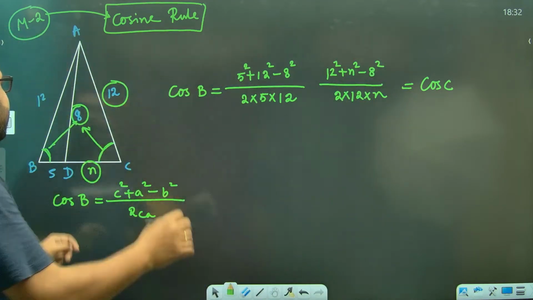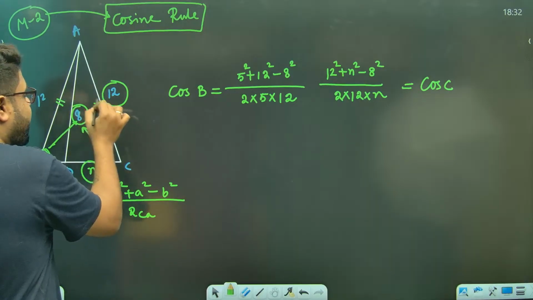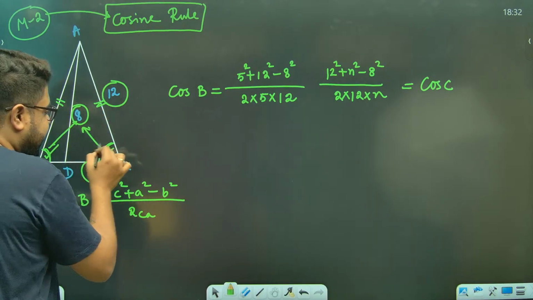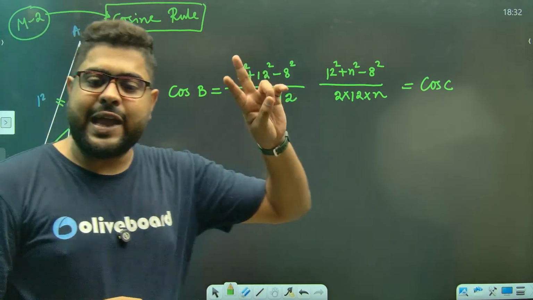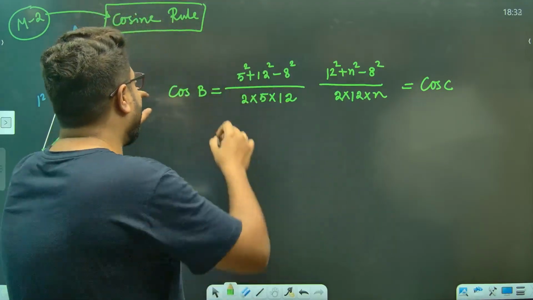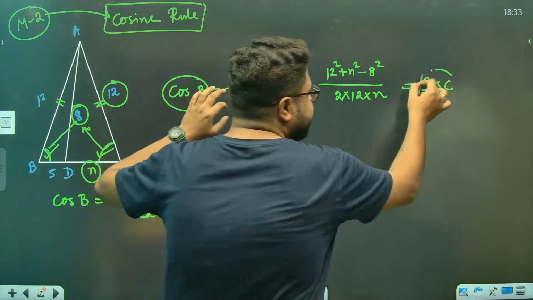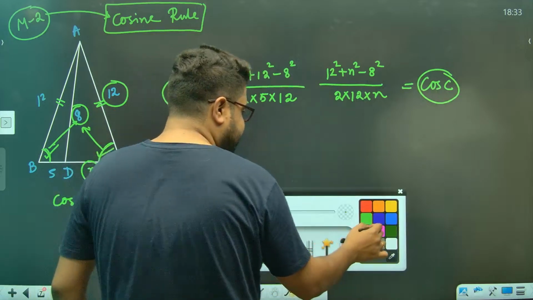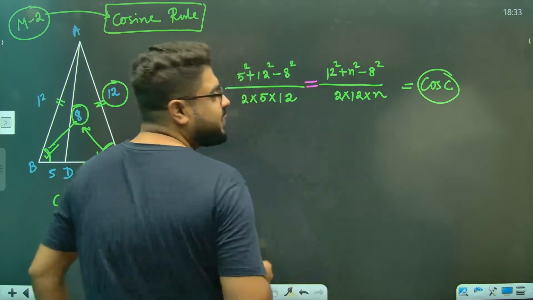Now as given, these two sides are equal. That means angle B and angle C are equal. If two angles are equal, cos B is equal to cos C. That means I can conclude these two are also equal.